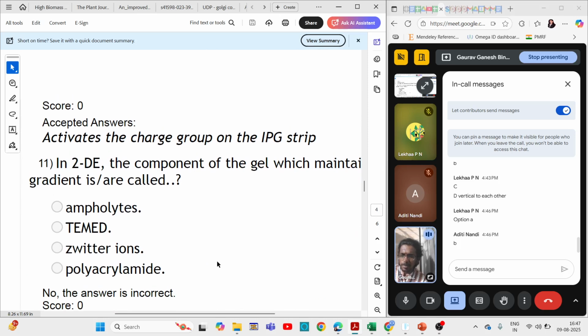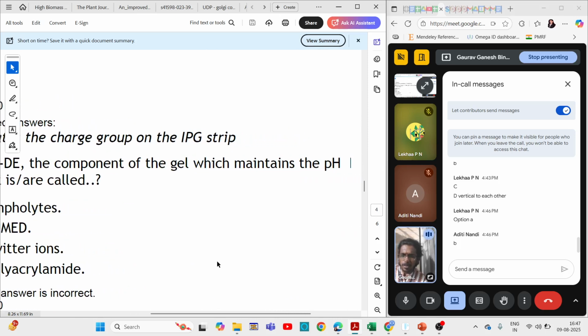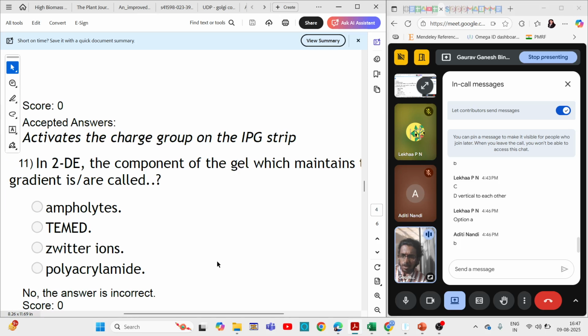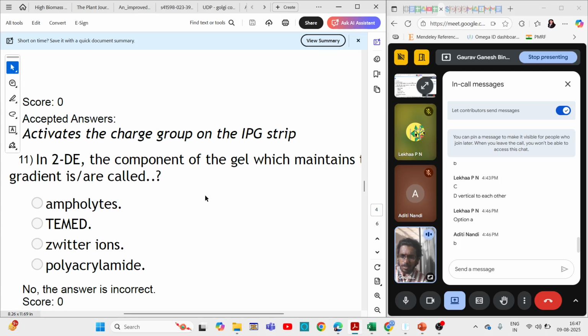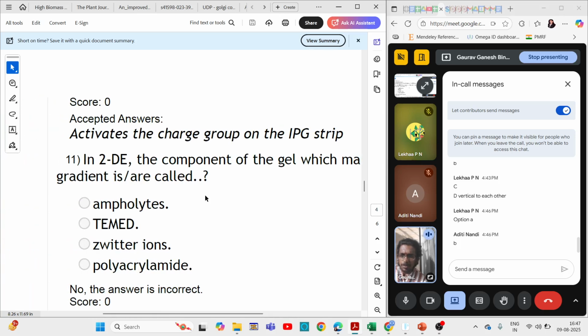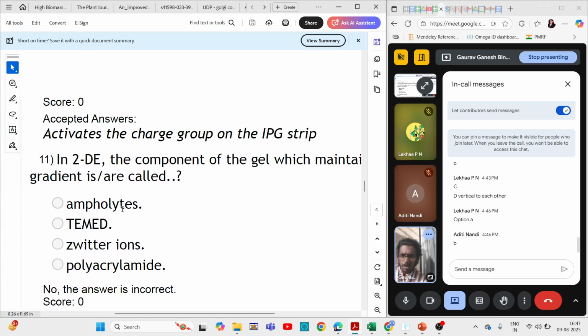In two dimensional electrophoresis, the component of the gel which maintains the pH gradient is called. This is a general knowledge question, although we didn't discuss it. Which is the component which maintains the pH gradient? They are called, if you all can answer. TEMED? No, not TEMED though.